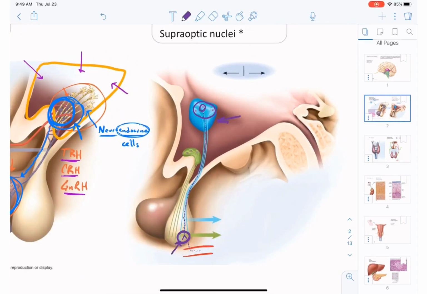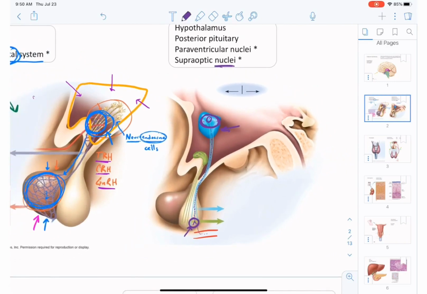Now, when we have collections of neuron cell bodies in the central nervous system, we call those nuclei. And there's a couple important groups of nuclei that we're going to find in the hypothalamus that are related to the posterior pituitary.